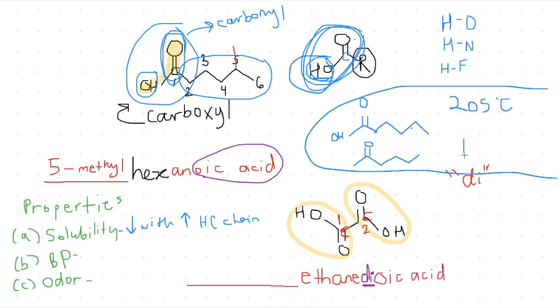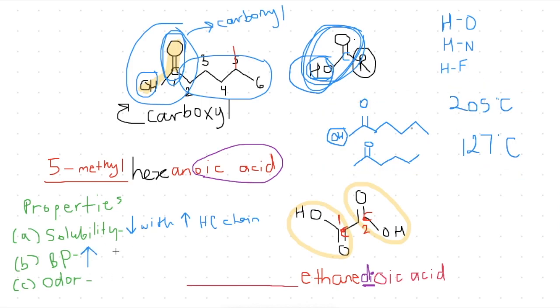Comparing this to the boiling point of 2-hexanone, which is a ketone, it has the carbonyl group but not the alcohol group. The boiling point of this is about 127 degrees Celsius. So you can see that adding this alcohol group really increases the boiling point by a lot. So the boiling point of a carboxylic acid increases because of hydrogen bonding.